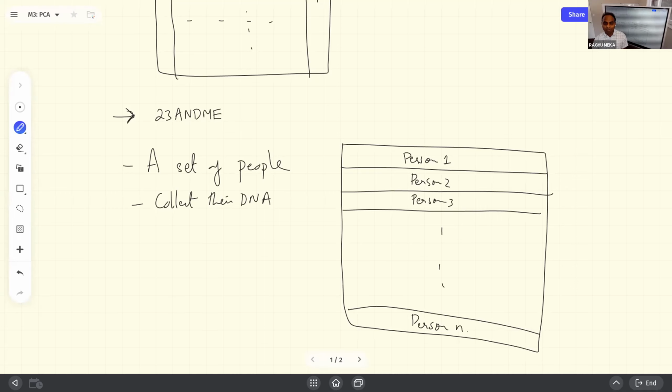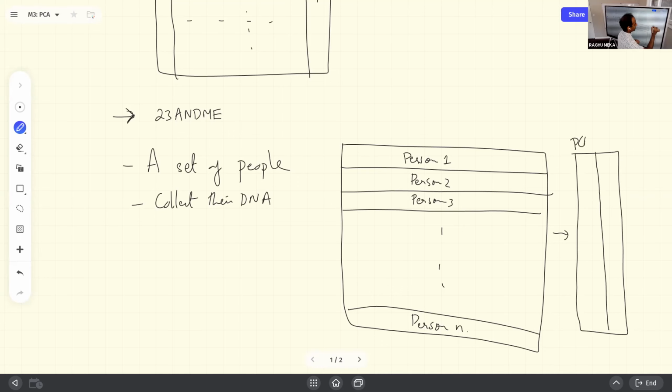And they picked the people where, 2 generations up or maybe 1 generation up, all of them were from the same geographic area. That was a constraint in which they picked the people. They looked at their DNA sequences. It has like a million or so features. And then they applied PCA to it to extract just 2 features.